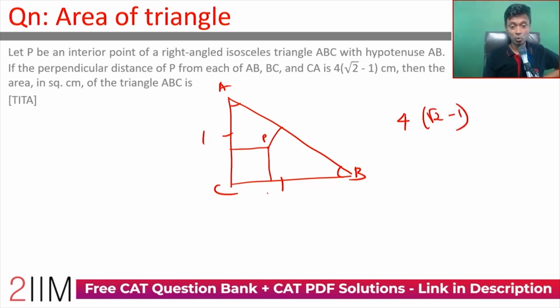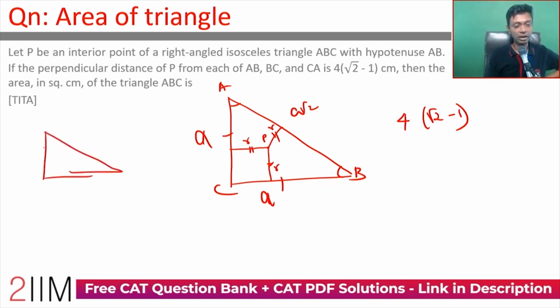When the sides are in the ratio 1 is to 1 is to root 2, I'm going to call it A, A, A root 2. And since all three distances are equal, we're effectively talking about P being the in-center. Or we have a right isosceles triangle whose in-radius is 4 times root 2 minus 1. In any right triangle with sides A, B and H, in-radius is A plus B minus H by 2.